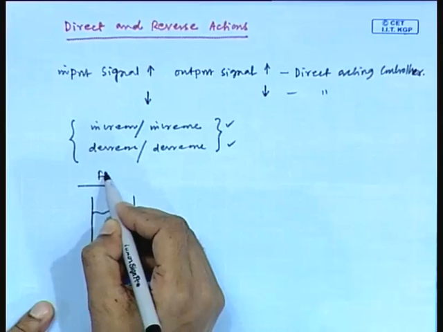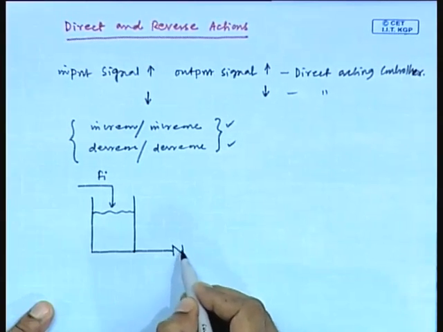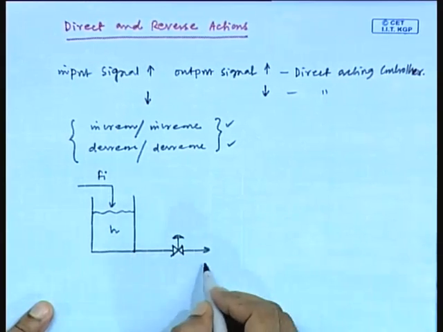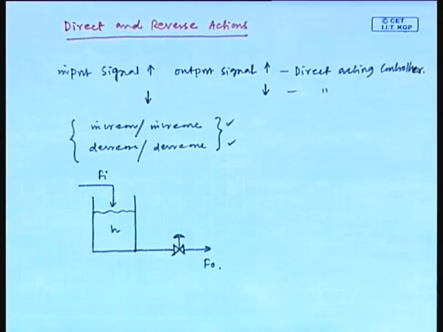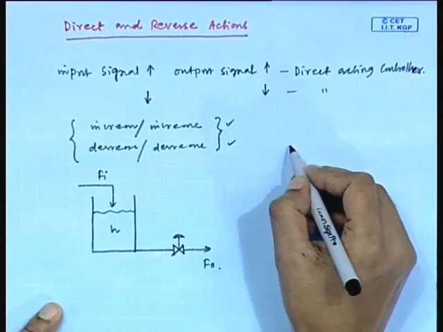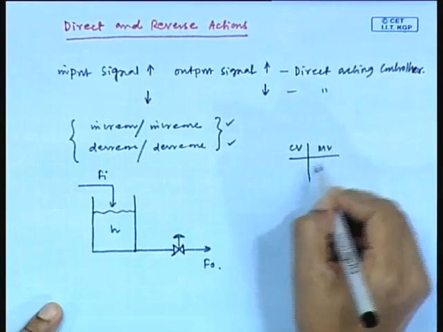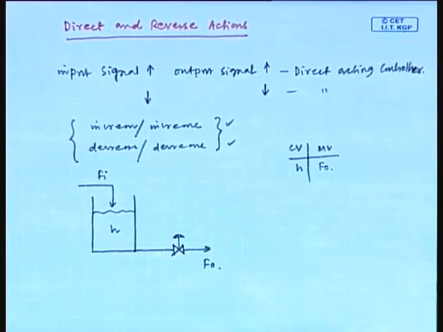Fine. We will take one example to discuss this direct action. This is a liquid tank system. Our controlled variable is liquid height and manipulated variable is suppose F naught.